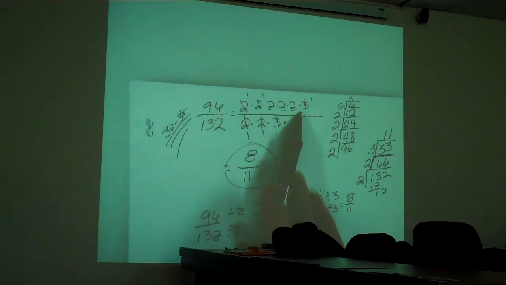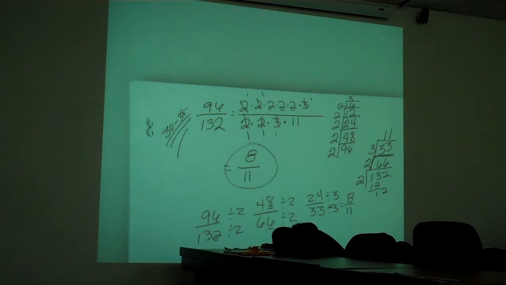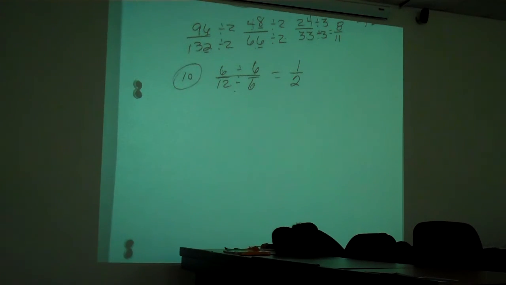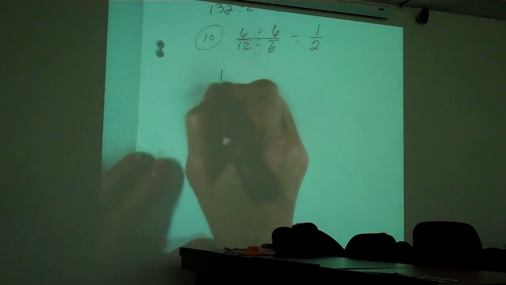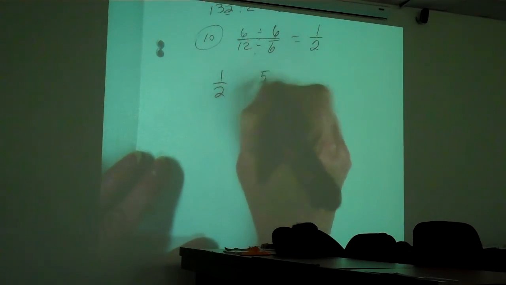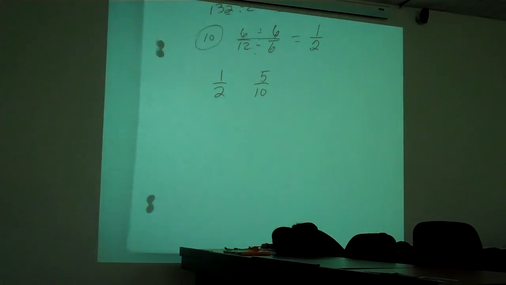And then there's a little more on your homework here. It tells you to state whether a fraction is equivalent to another fraction. Let me tell you how to do that. You can either reduce both of them. Like, you know that 1/2 is equivalent to 5/10, right? You already know 5/10 is a half.